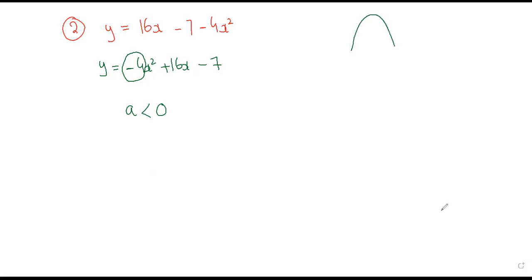Can you guys please solve this equation and tell me the values of x? You need to solve minus 4x squared plus 16x minus 7 equals 0, because on the x-axis y is 0. So this y would become 0. Please try solving this, whatever way you are comfortable.